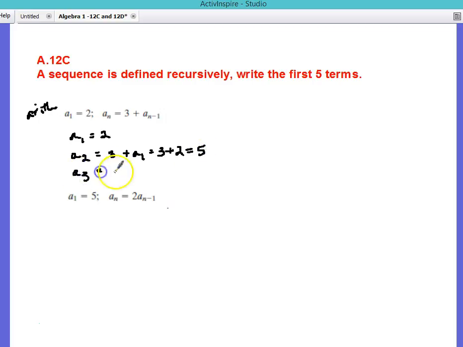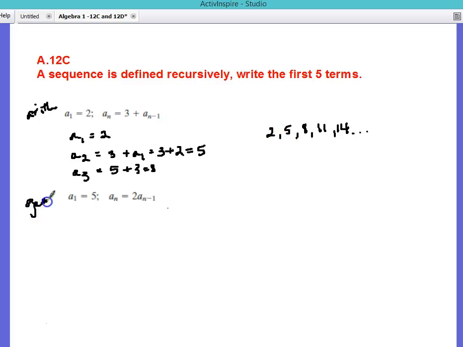And then same for that third term, it would be the last term plus 3, which is 8. And so we get our pattern here. This is 2, 5, 8, 11, 14, and that's our first 5 terms, and so we're done with our arithmetic.